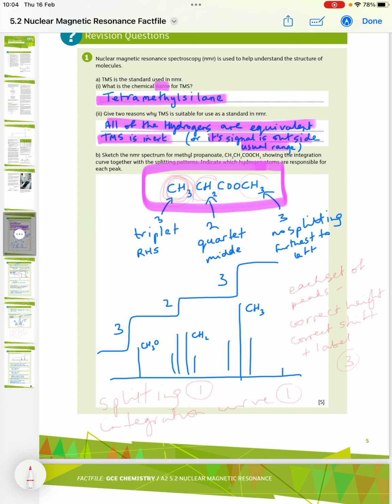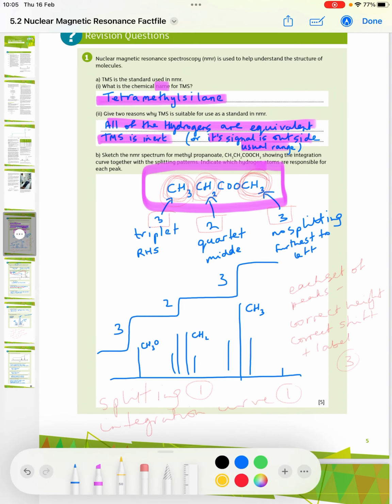So there's one here in this methyl group, an ethyl group, and then we have the methyl group at the other end. Okay. So in terms of the integration curve, it's going to be 3, 2, and 3 for those, because those are just the numbers of hydrogens in each environment.